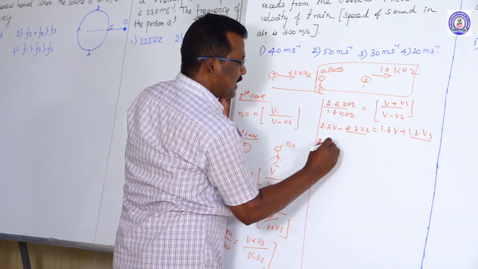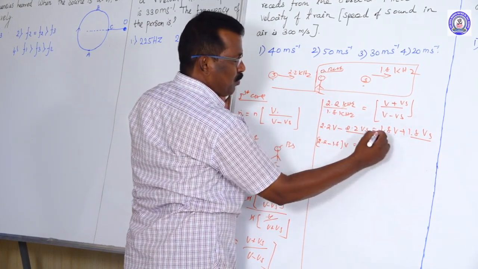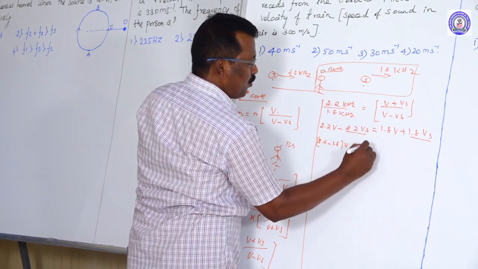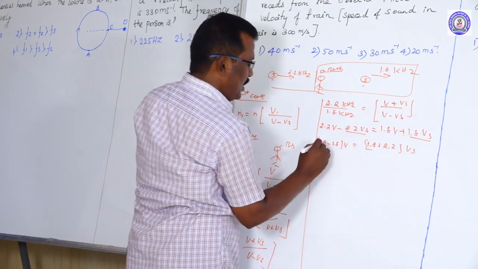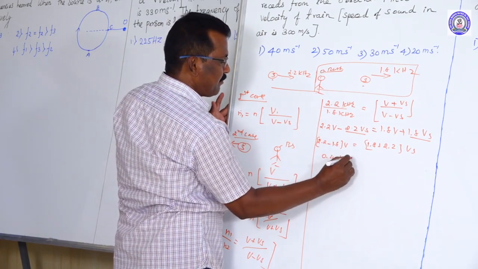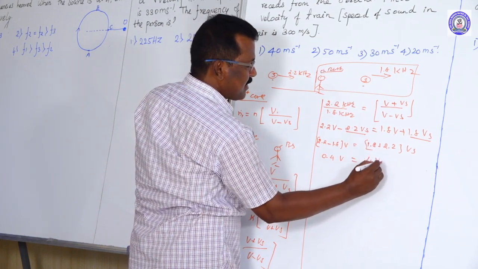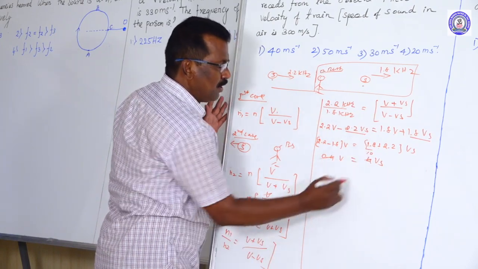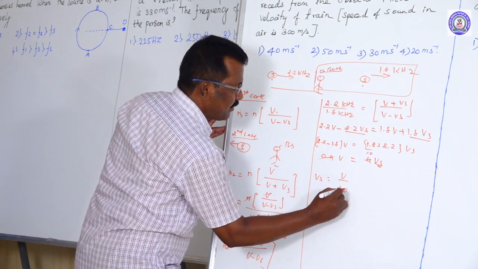2.2 minus 1.8 v is equal to, when this goes to this side, it becomes positive, 1.8 plus 2.2 vs. 2.2 minus 1.8, so this is 0.4 v. 1.8 plus 2.2, this is 4 vs. 0.4 by 4 is 10, so vs is equal to v by 10.